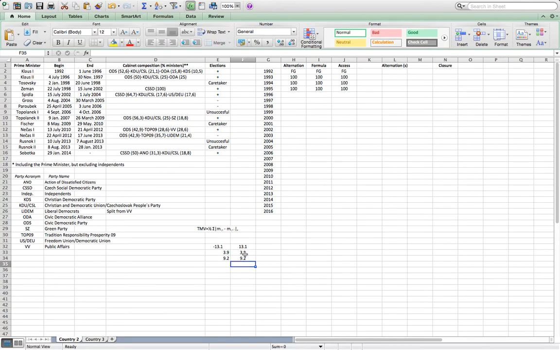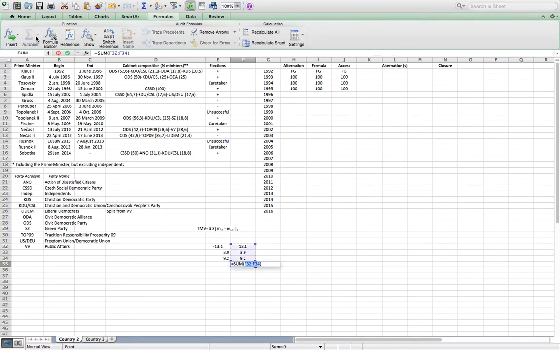Once we have this, we know the formula. We have to add everything up, so we can do it manually, but we can also use the automatic formula, and we get a score of 26.2. To finalize the formula, we need to divide this by 2, so 26.2 divided by 2, and we get a final score of 13.1.